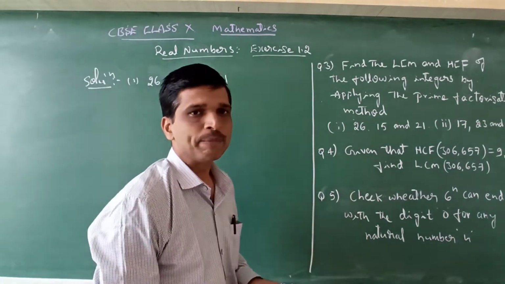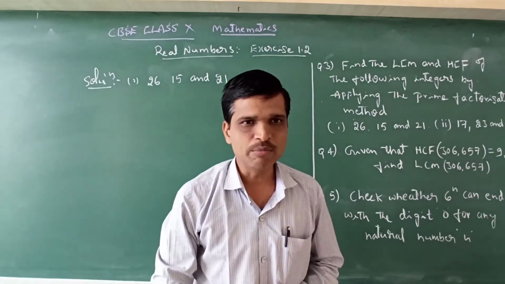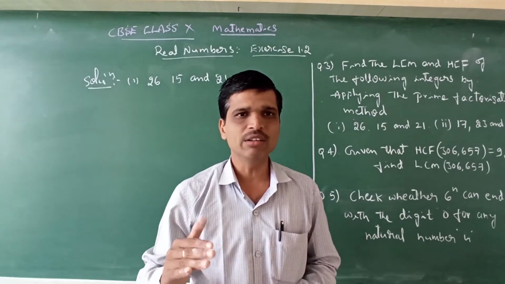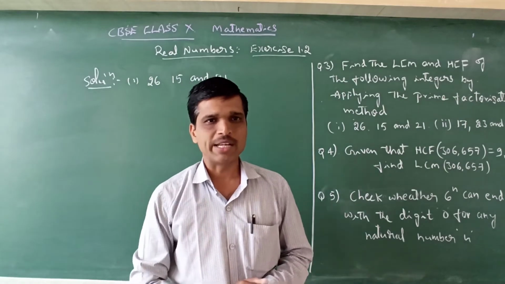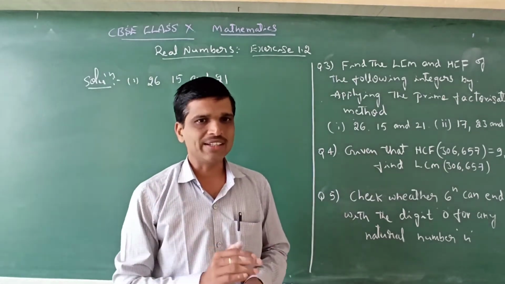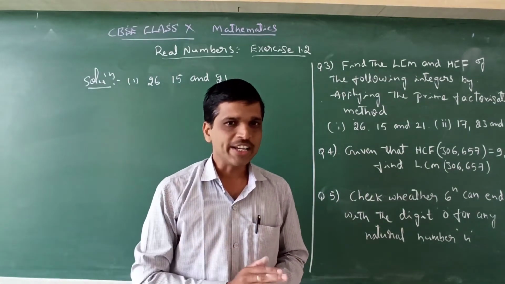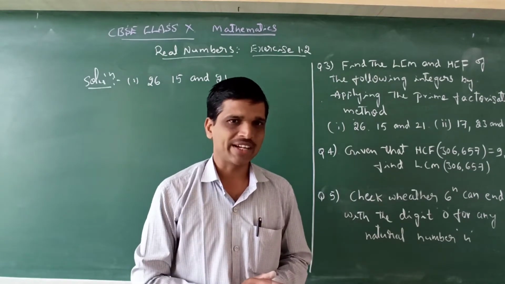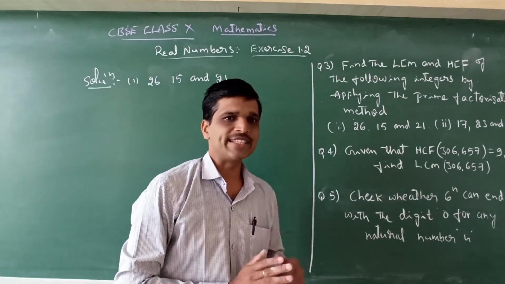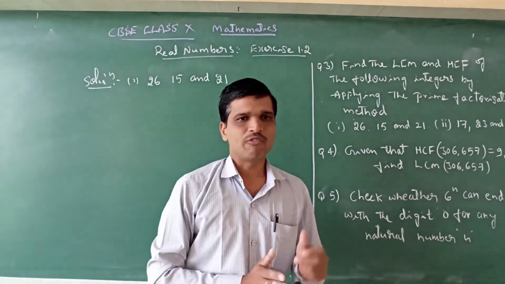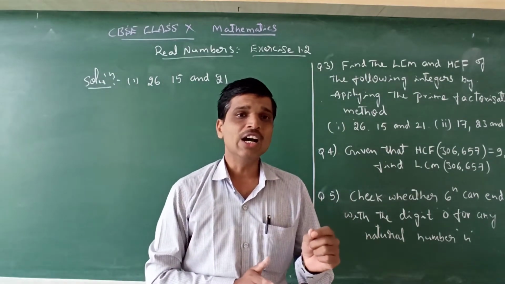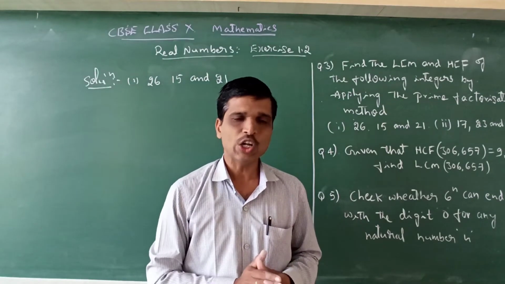Again, remember what do you mean by HCF and LCM? HCF means highest common factor. LCM means lowest common multiple. In case of HCF, we should consider the lowest power of the factors.